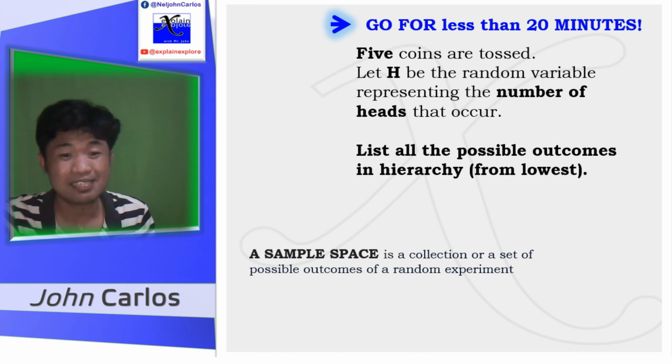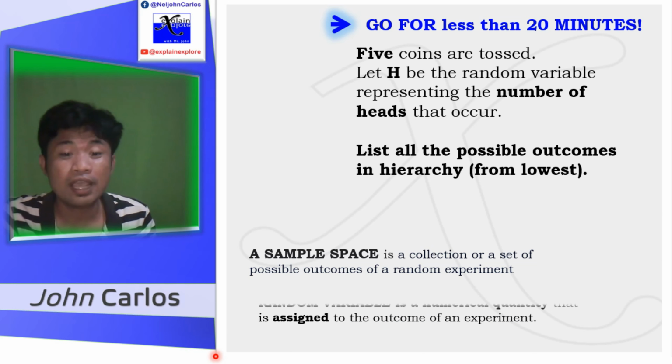A sample space is a collection or set of possible outcomes of a random experiment. So if we list those possible outcomes, it is called the sample space.